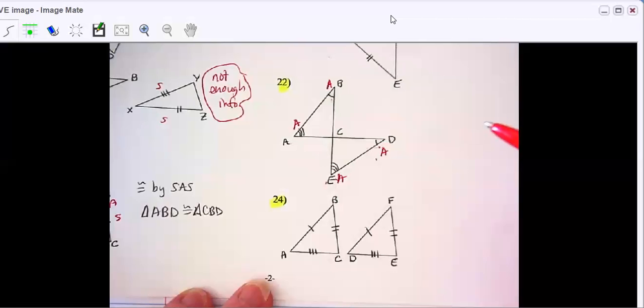If you look back in your notes, anytime it makes an X, they're right across from each other.